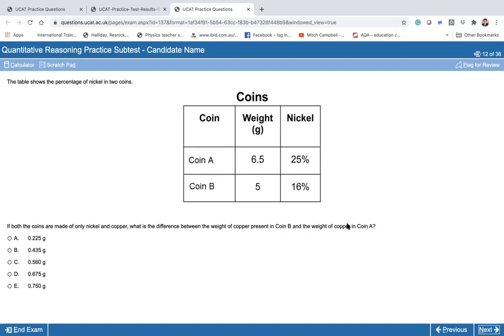So first thing we need to do is find what is the weight of copper present in coin A, find what is the weight of copper present in coin B, and subtract them. So if 25% nickel is in coin A, that means 75% must be copper.